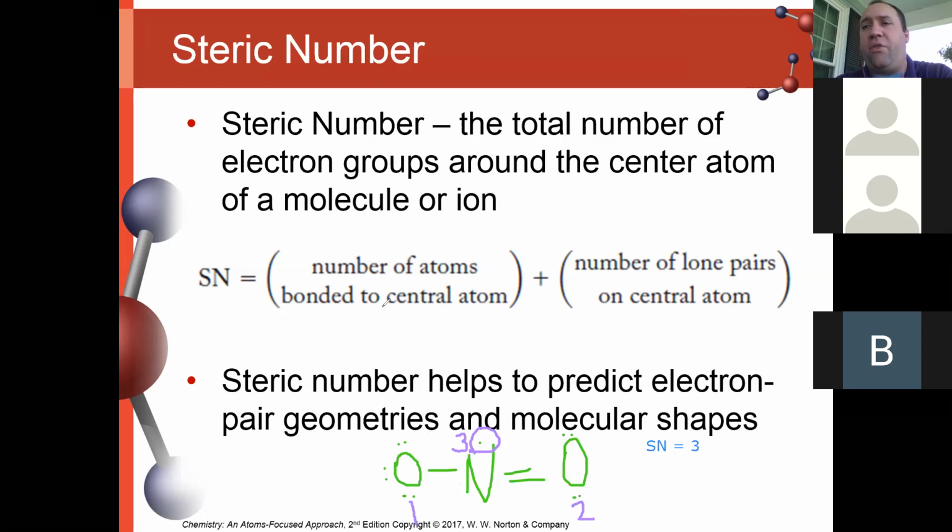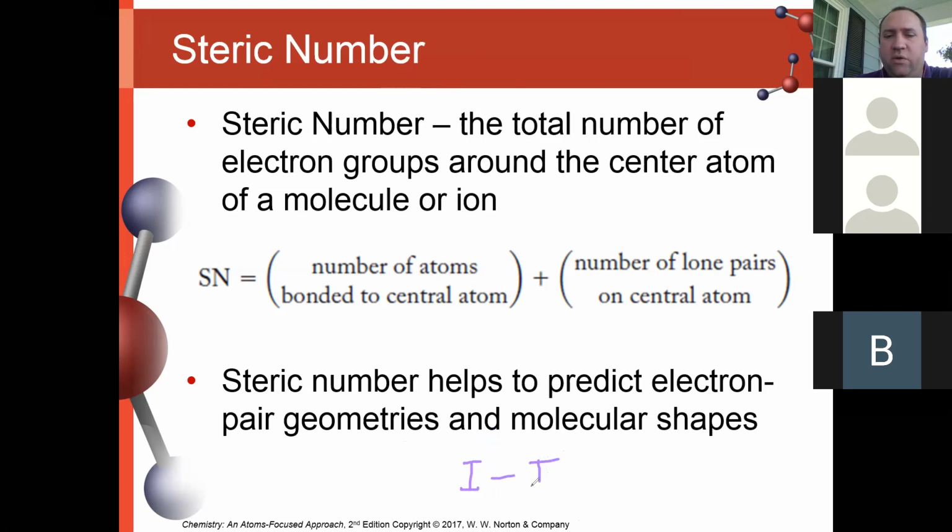All you need to do is count the number of atoms that the center atom is bonded to. So how many directions do those electrons go? How many atoms is it bonded to? And then if there are lone pairs on it, how many lone pairs are there? Each lone pair gets counted as its own contribution to the steric number. So take that triiodide that we looked at earlier today, where I had iodine bonded to 2 other iodines.